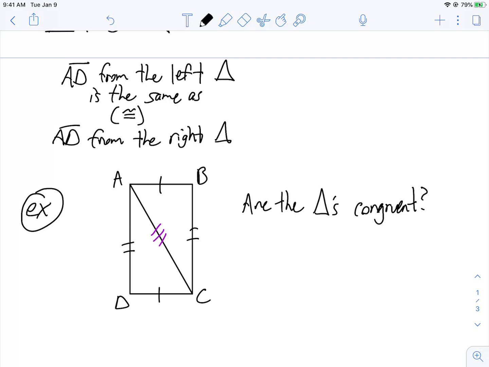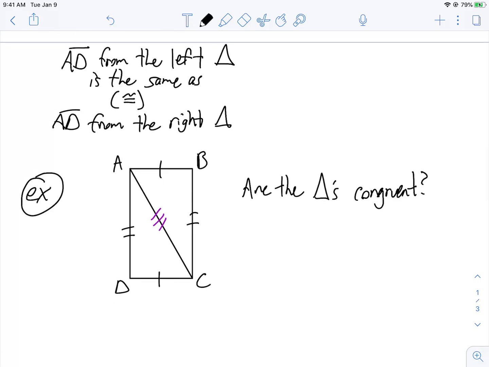But when we write this one out, we're going to see that it's written out a little bit different. And when we talk about those sides being congruent to each other, it's going to look different. So here we go. Let's start with the triangle on the right, or the upper one. Triangle ABC. So yes, they are. We've got a shared side. We've got side, side, side.